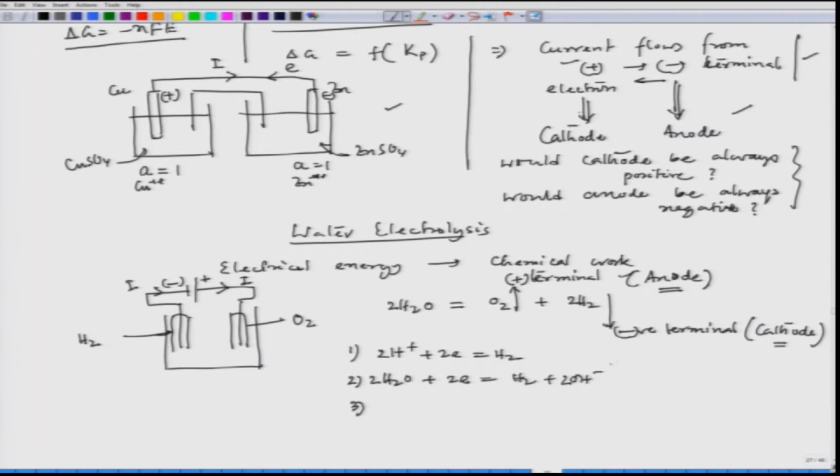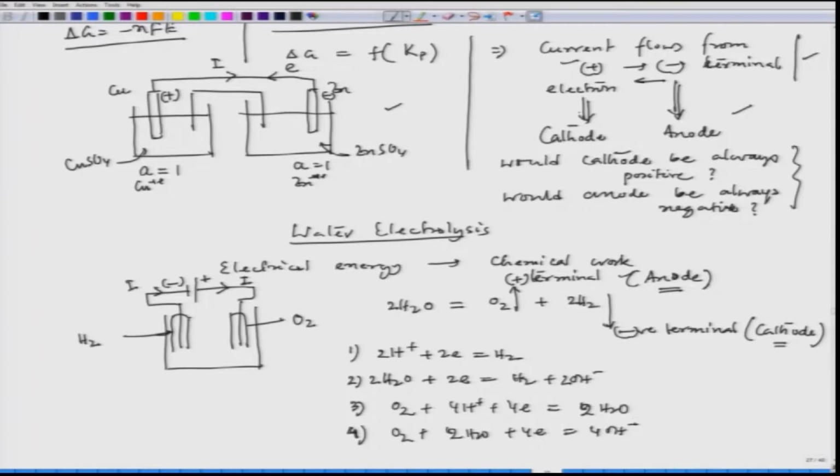Third, if we have dissolved oxygen, O2 plus 4H plus plus 4e equal to 2H2O; and fourth, O2 plus 2H2O plus 4e equal to 4OH minus.